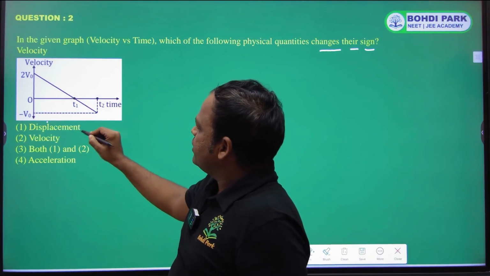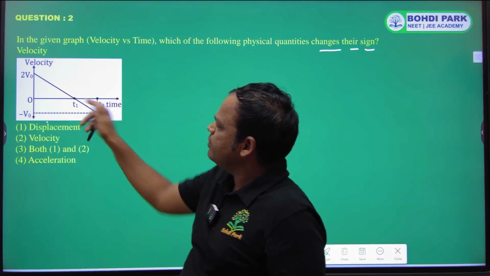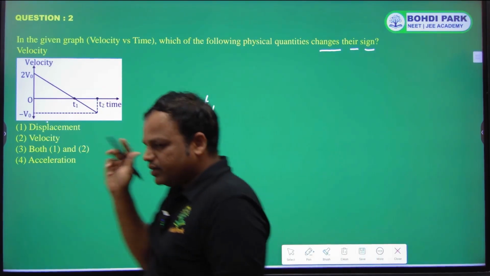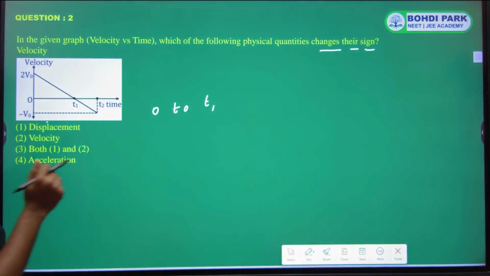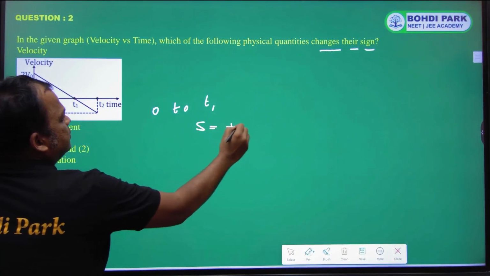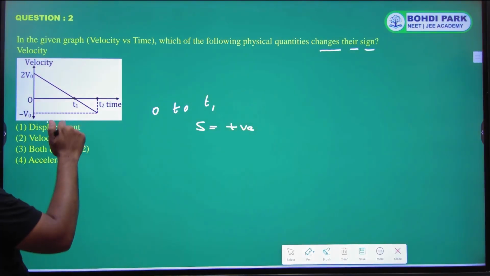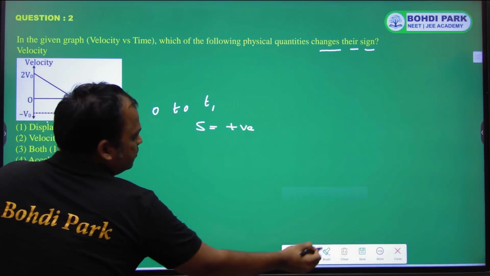Now if we talk about displacement, 0 to t1 displacement is positive. Displacement means the area under this graph. When we calculate the area, we get displacement.